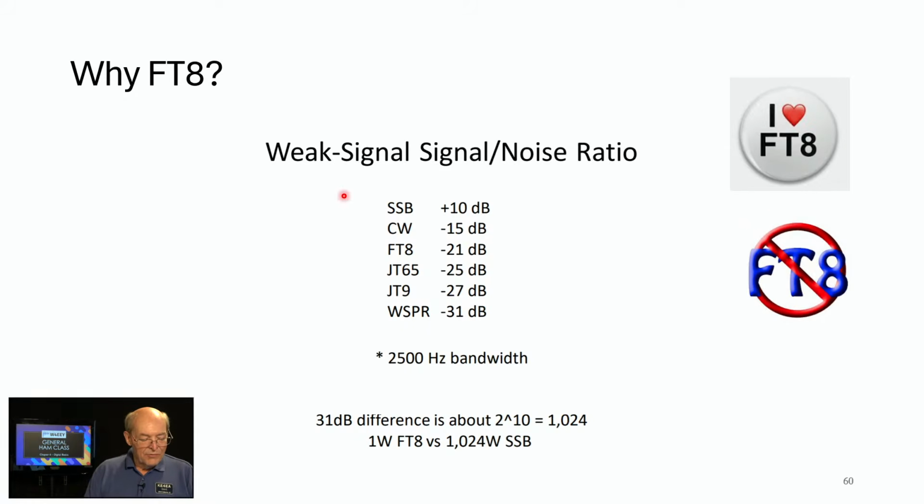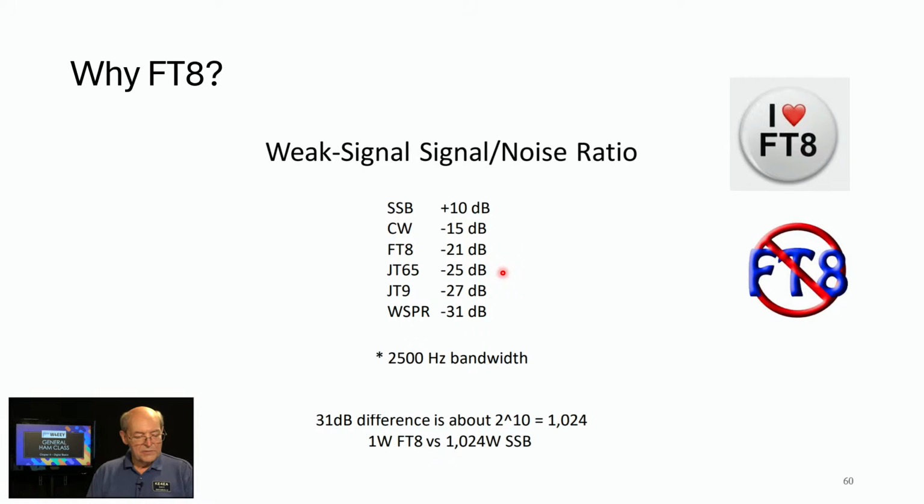But relative signal-to-noise ratio for a single sideband signal, you need to be about 10 dB above the noise. For CW, you can be much, much weaker because you can discern the dots and dashes much more easily than you can the spoken language. FT8 goes down to minus 21.